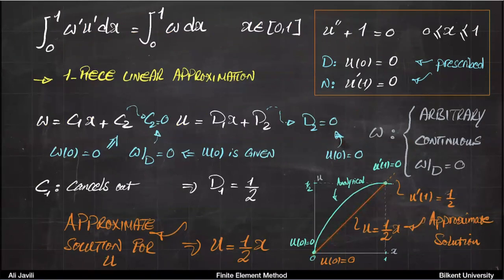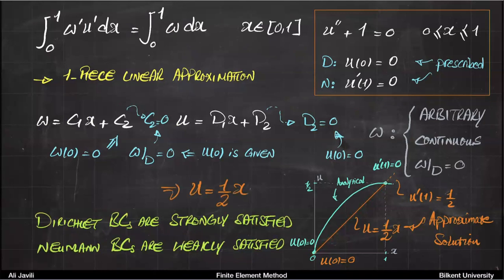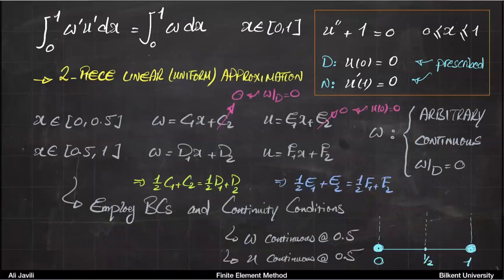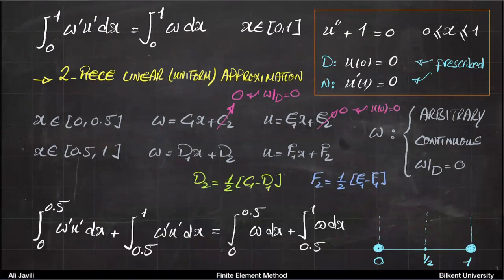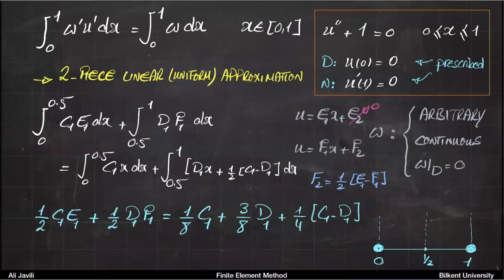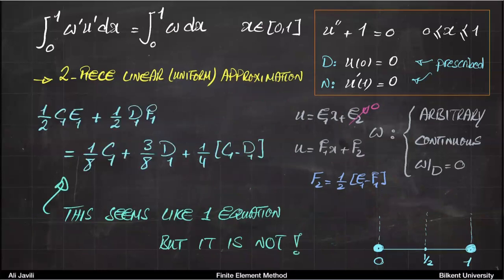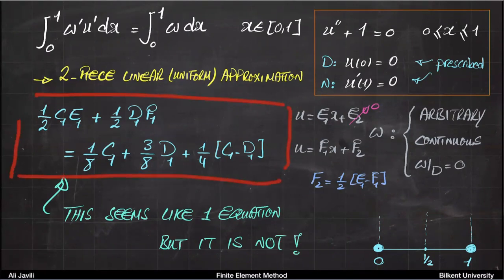Then the other one was a two-piece linear approximation, but it is uniform in the sense that the point is exactly in the center. And then if you go through the procedure as we did together in the last lecture, you can find the coefficients corresponding to those. The key step here was this. So at some point in your derivations, you end up with something like this.